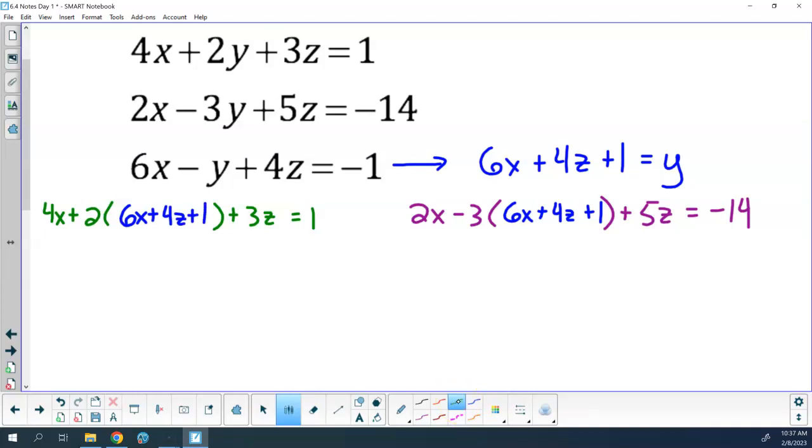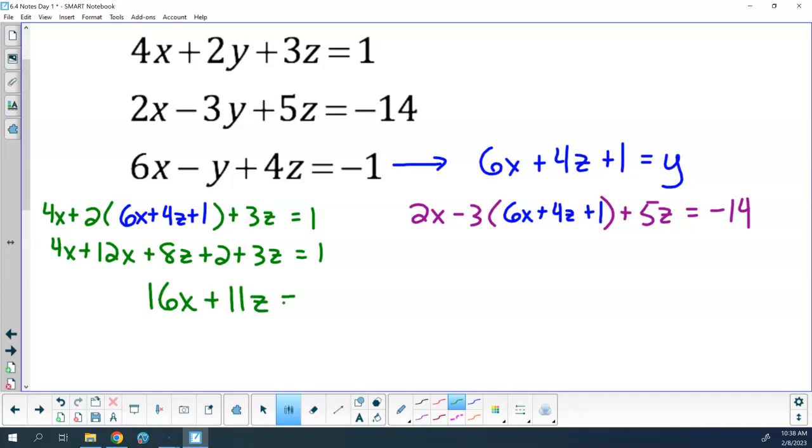All right. So this is going to be 4x plus 12x plus 8z plus 2 plus 3z equals 1. So that's 16x plus 11z equals negative 1.